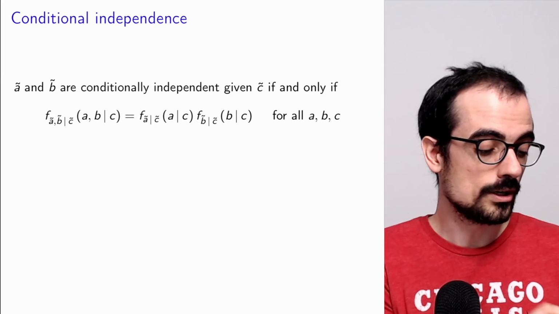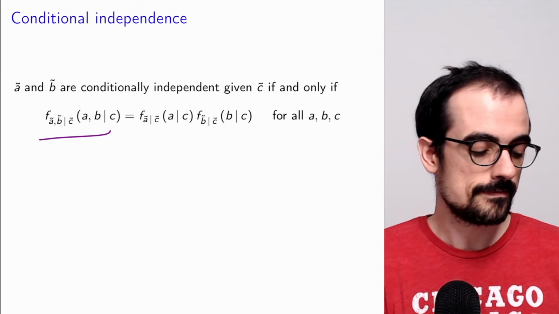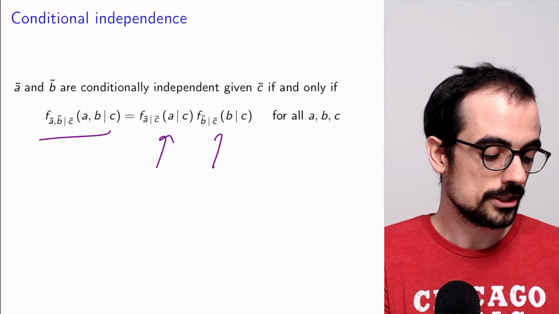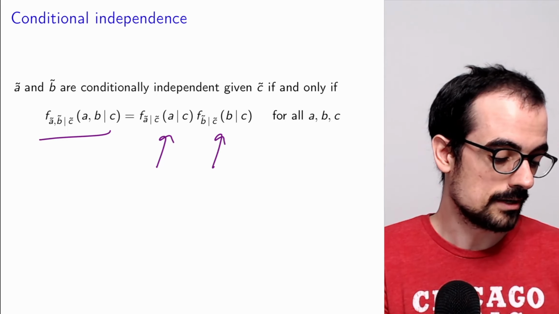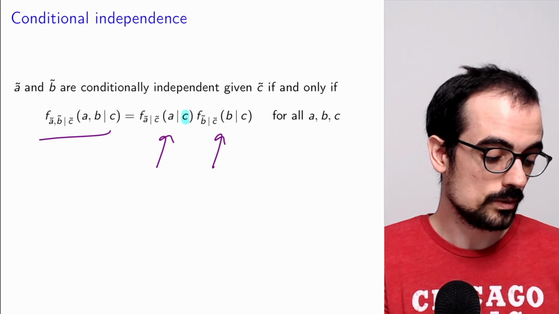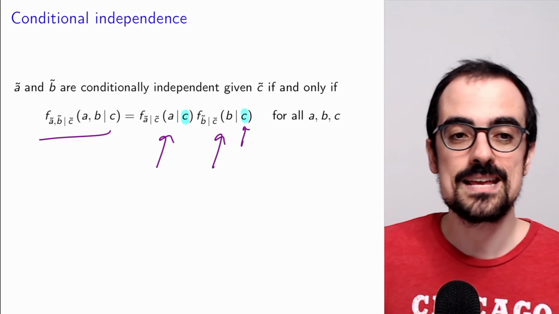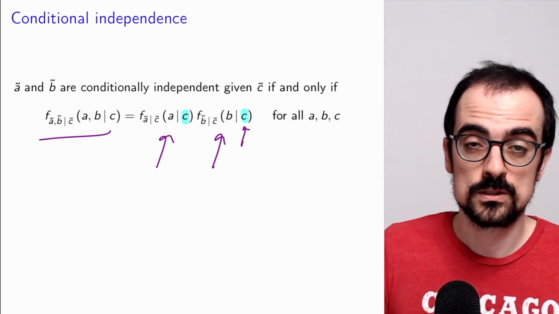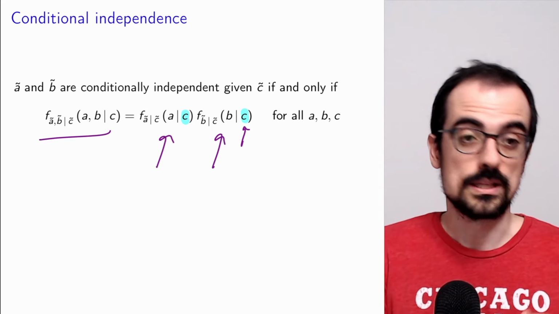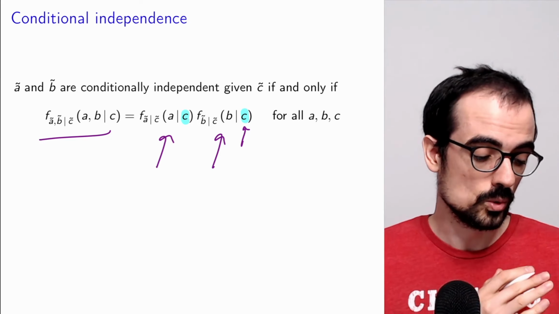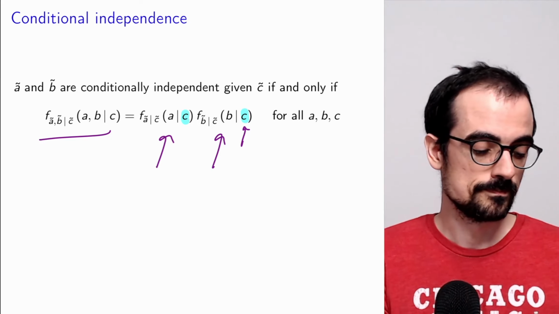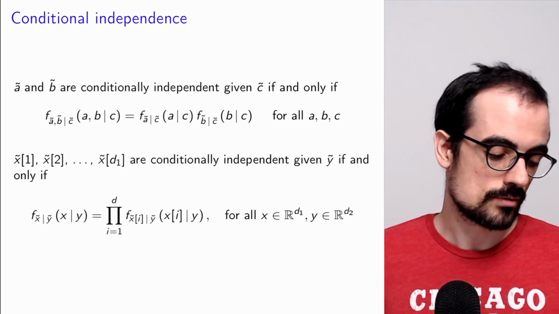We say that the conditional joint PDF factorizes into the conditionals just given that variable. So here we're conditioning on C. Here we should condition on C and A, but if they're conditionally independent, we don't need to. The joint is just going to be equal to the two conditionals just conditioned on C. Same thing when we have random vectors.